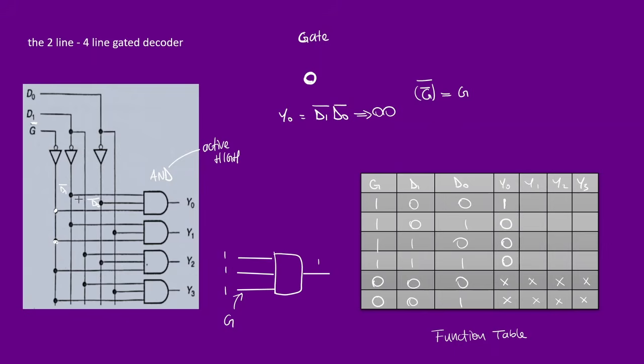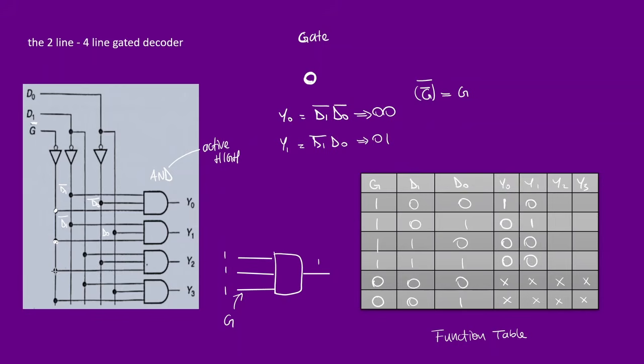We're hooked up to our gates as usual. Then at this point we have, following carefully, not D1 because this is the inverter. And over here we have straight up D0. Okay? So Y1 is not D1, D0, which is equivalent to 0, 1. We can fill that in as high first, zeros for the rest.